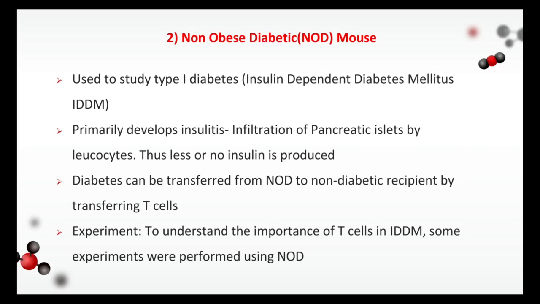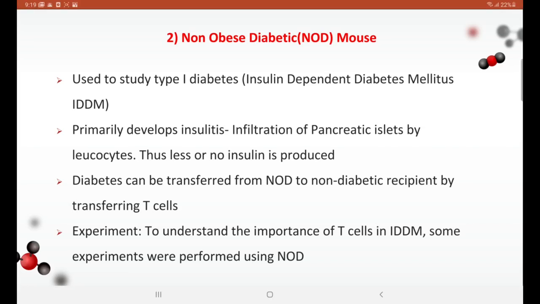Slowly, this infiltration gets very violent and later all the B cells are destroyed. And that's why very low or no insulin at all will be produced. Later, through experiments, it was found out that diabetes in a NOD mouse can be transferred to a non-diabetic recipient through the help of T cells.